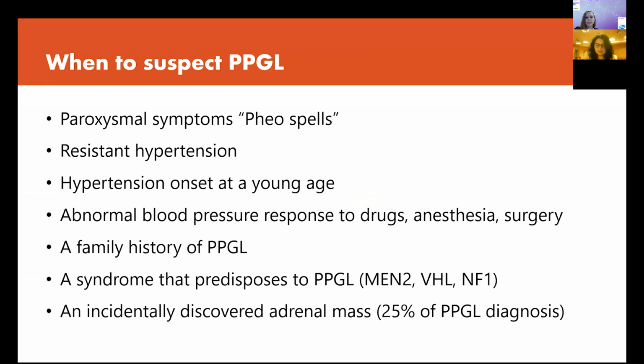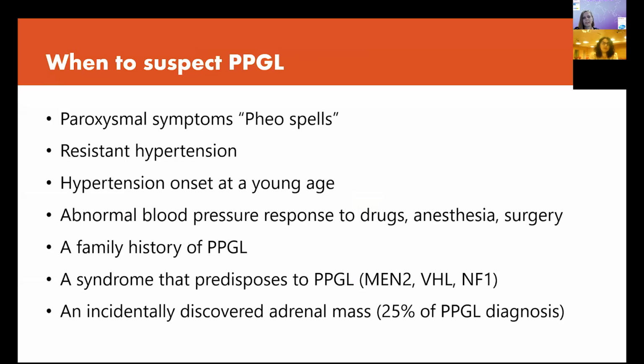When we suspect PPGLs, so I told you about paroxysmal symptoms or PHEO attacks. Another group are patients with resistant hypertension, that is uncontrolled hypertension on several antihypertensive medications.